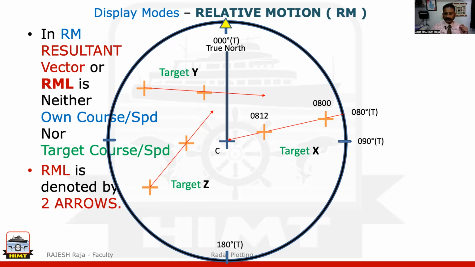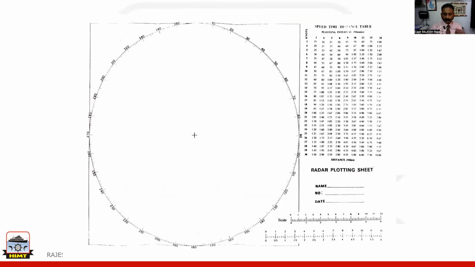This resultant is always represented by 2 arrows here, here, and here. This is the gist of whatever we are going to do when I give you an example and try to solve and tell you how to go about the full question. I will stop here in terms of your plotting.